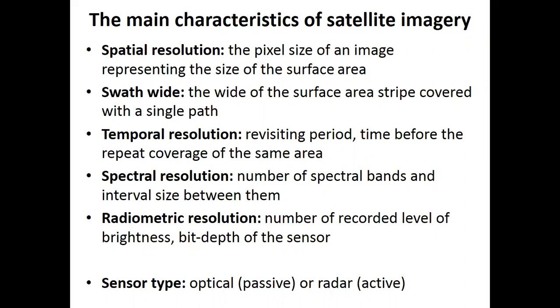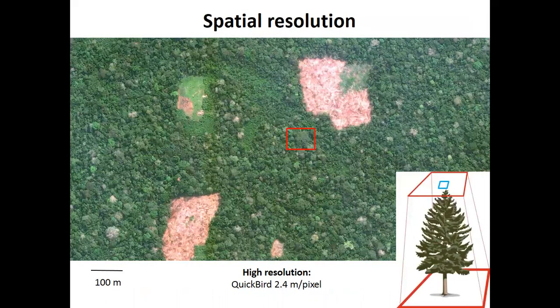It defines the number of recorded levels of brightness, so how many levels of color the sensor could record. And in the end today, I could briefly mention the radar sensor type, which is different from the optical sensors we have discussed so far. Now, first of all, I think the spatial resolution is the most important characteristic of every satellite.